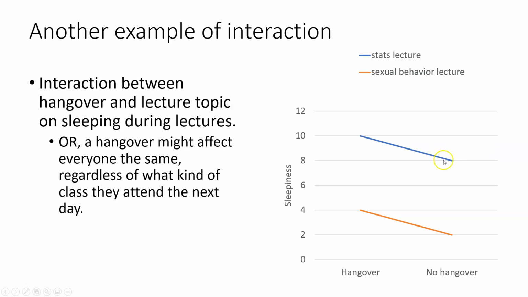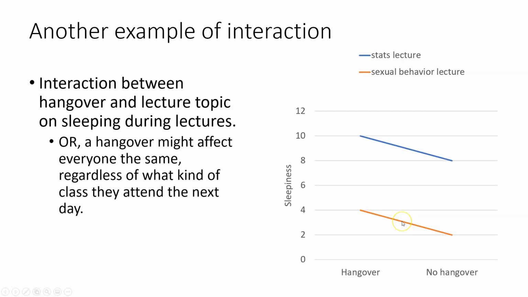And the average of 10 and 8 is 9, which is right here, right in the middle of the line. That's the average of their stats lecture sleepiness, regardless of whether they have a hangover. So the main effect would be asking the question, is 9 greater than 3? And indeed, in this situation, I'd have to say probably yeah.